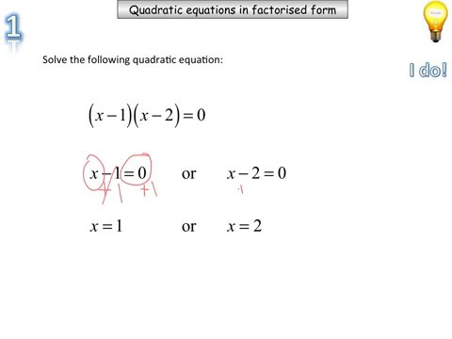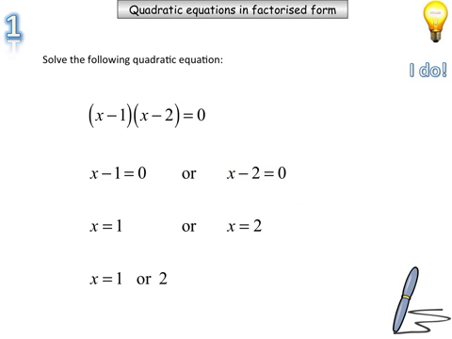And over here we've got plus 2, x is equal to 2. Sorry, this one was x is equal to 1. This one is x is equal to 2. Then we'll write the last line, x is equal to 1 or 2.